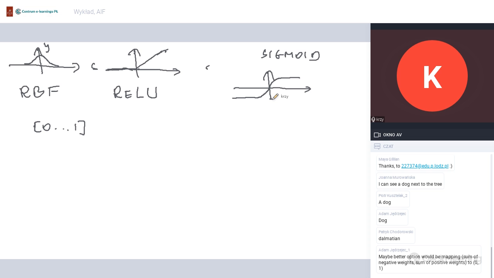This sigmoid function is mapping state into output that belongs to a bipolar range. And here the function that is commonly used is a hyperbolic tangent.